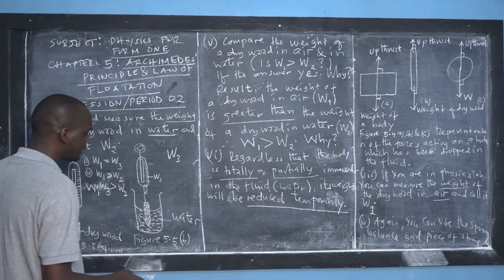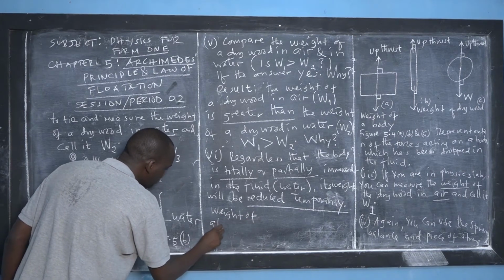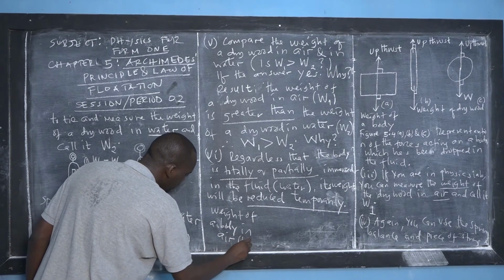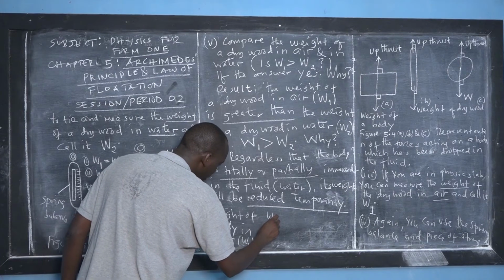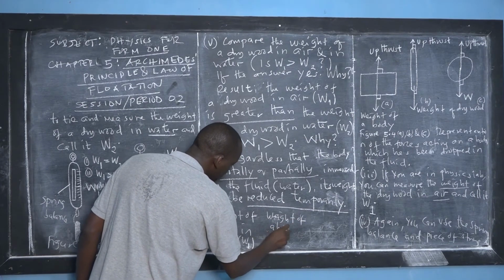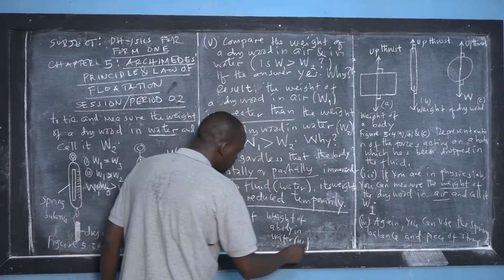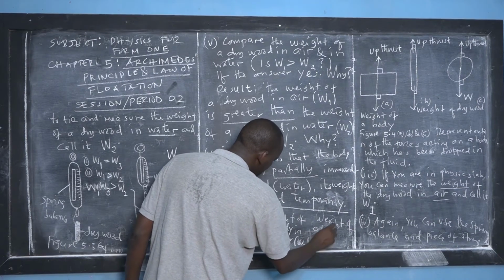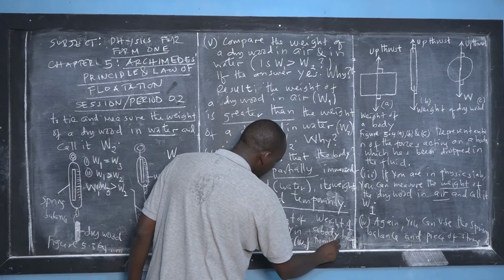Okay. So it means that suppose the weight of a body in air is W1, and the weight of a body in water is W2, and the weight of a body taken from water is W3.